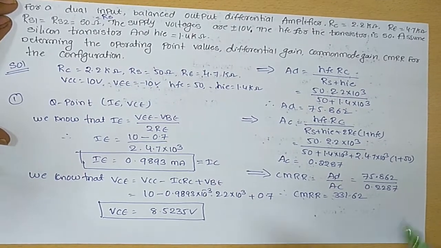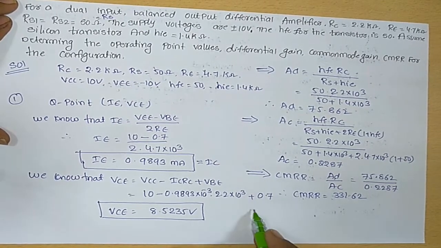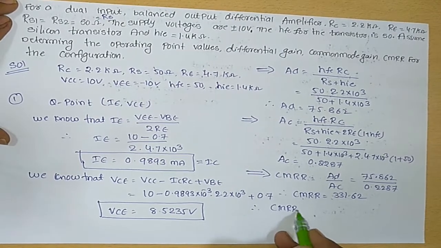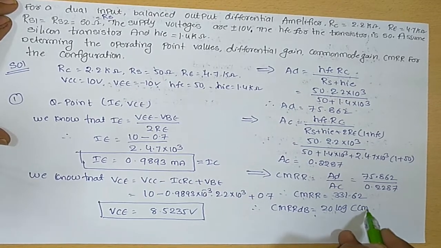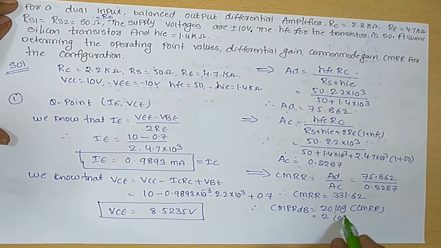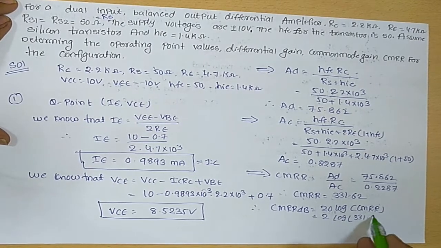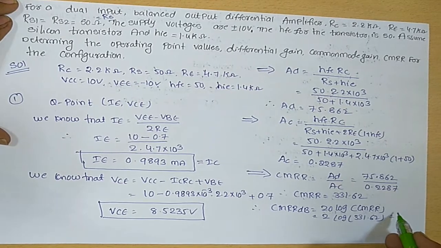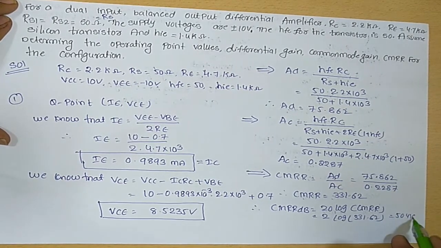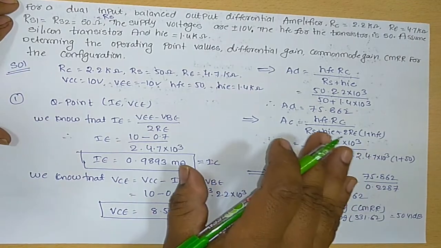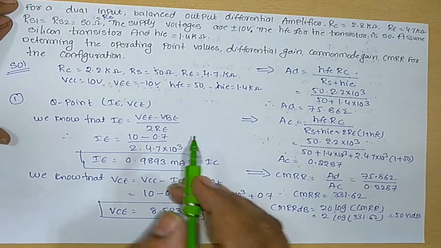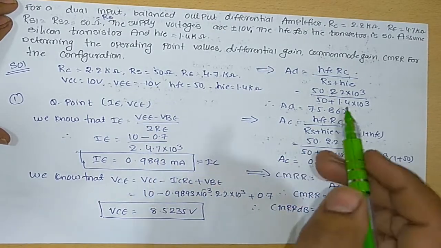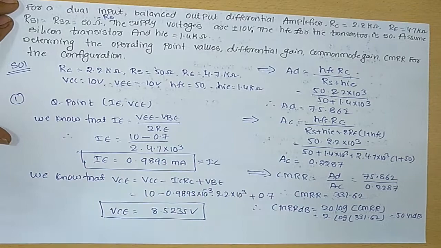If we want to measure this CMRR in decibels, CMRR in decibels equal to 20 log of CMRR, that is 20 log of 331.62, equal to 50.41 decibels. In this way we are estimating the operating point, differential gain, common mode gain and the CMRR of this differential amplifier.